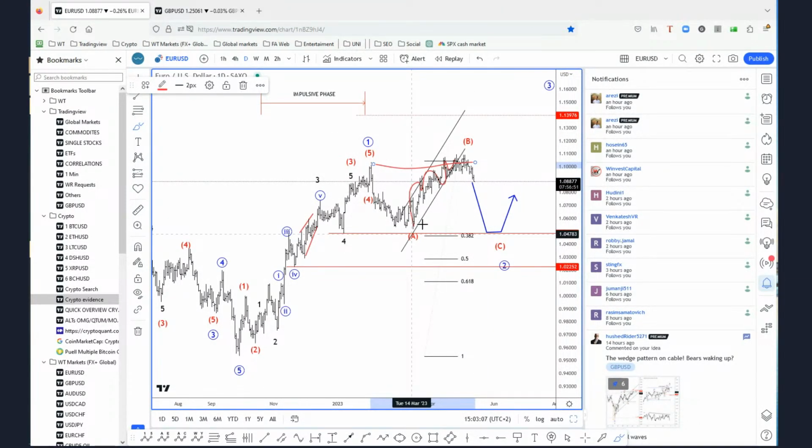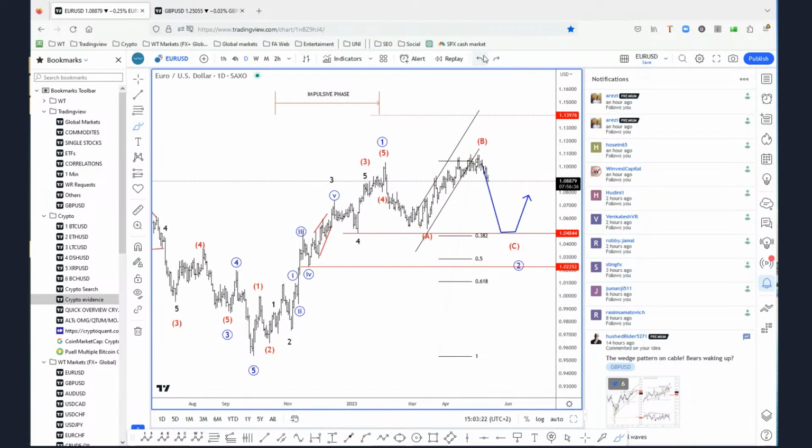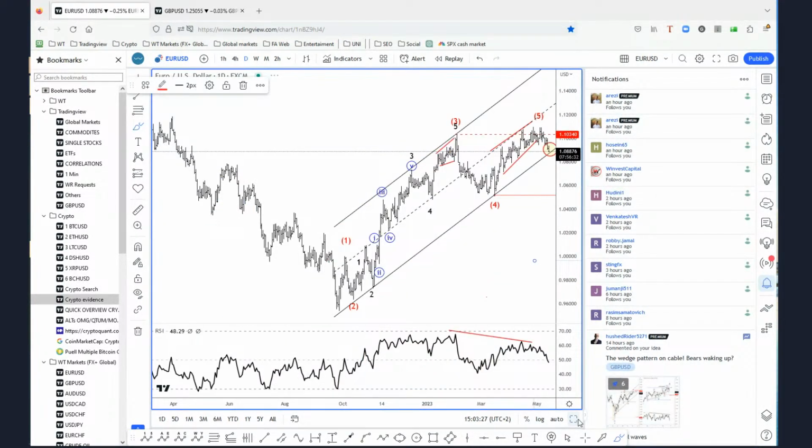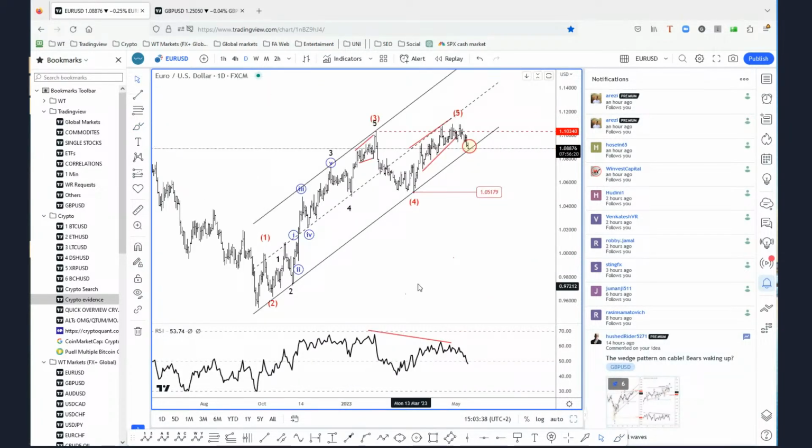So either we completed wave B and you will see a wave C drop in a flat back to the area of a former wave A, and then a bounce higher, or maybe this high here is actually wave 5, as I will show you on this next slide. It could also be the end of a wave 5 and you will see a 3 wave correction. So this one is also a very valid and important count in my opinion.